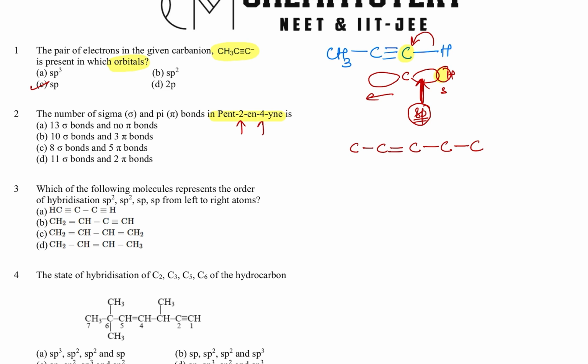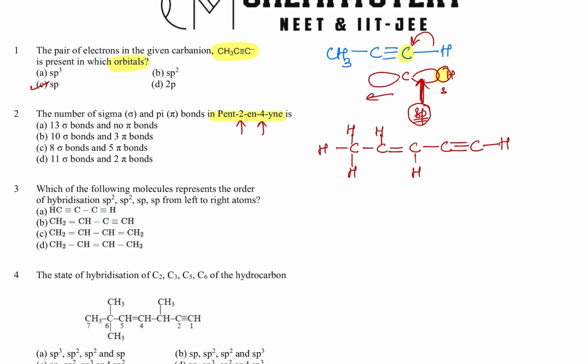At the fourth place we have yne, meaning triple bond. Now the remaining valency will be satisfied with hydrogen. This carbon already has 3 valencies satisfied, so 1 hydrogen. Here also 1 hydrogen. All 4 valencies are satisfied for the next one. For the last one, only 1 hydrogen is required.